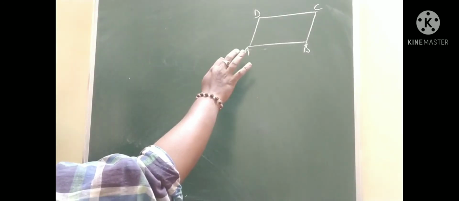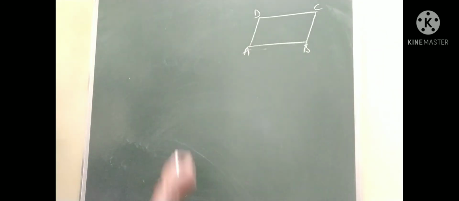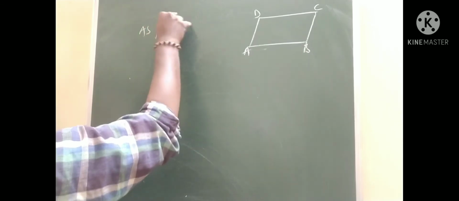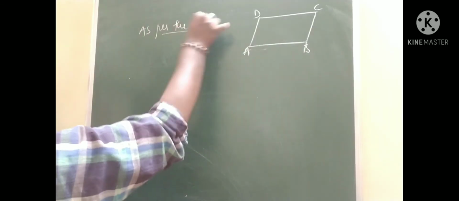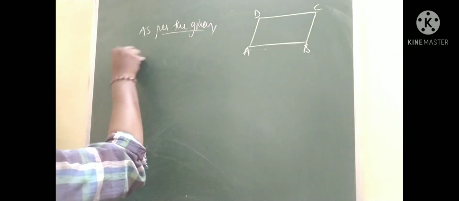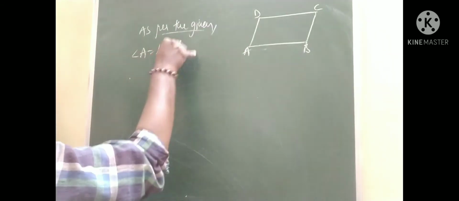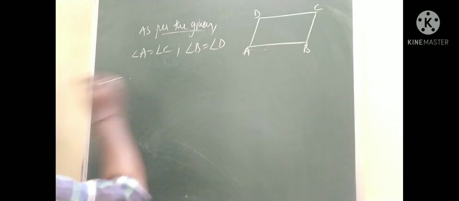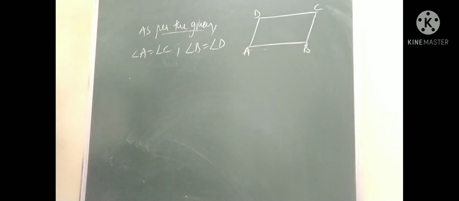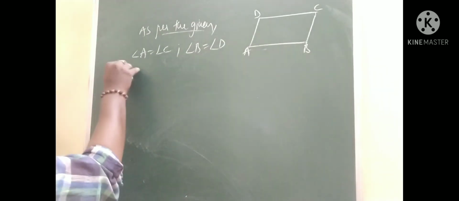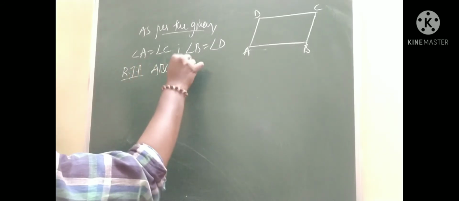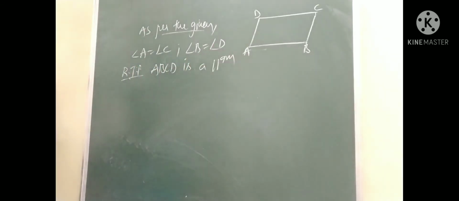If each pair of opposite angles are equal, that means angle A is equal to angle C and angle B is equal to angle D, then we have to show that this quadrilateral is a parallelogram. So what is the RTP here? Required to prove is ABCD is a parallelogram. That is what we have to prove.